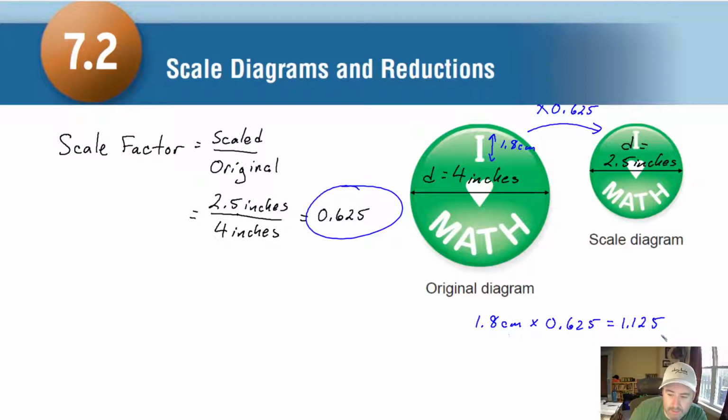And since this is centimeters, this will also be centimeters. Okay, so I'm going to check that probably with my ruler. Hopefully it'll be about 1.1. And yeah, it is. I know you can't see me doing that, but when I put a ruler up to my screen, that's about 1.1 centimeters tall for the I on the little one. So about 1.1, I'll put in the rest, 25 centimeters.